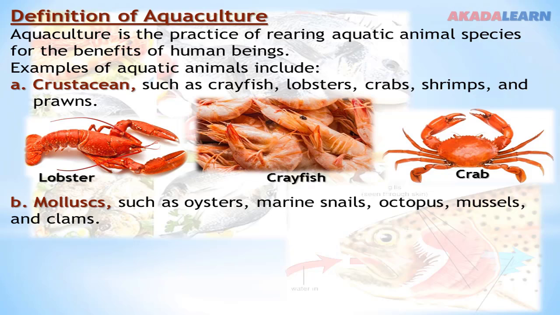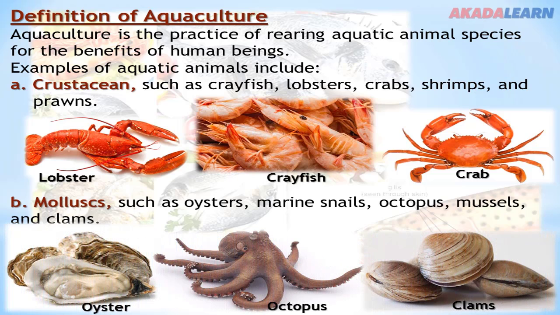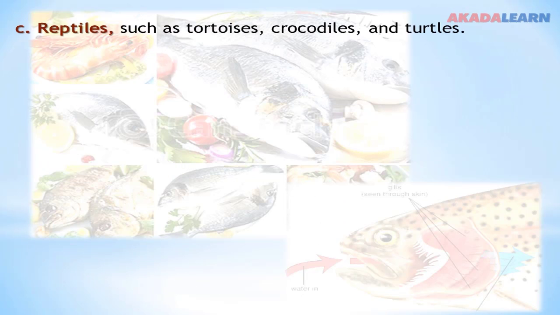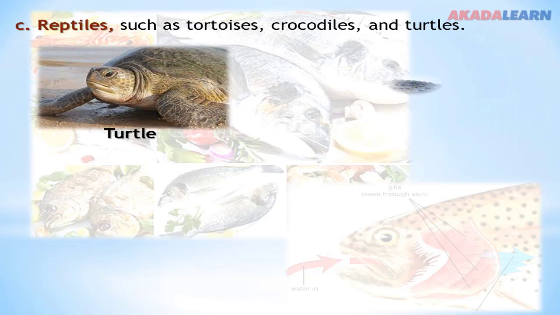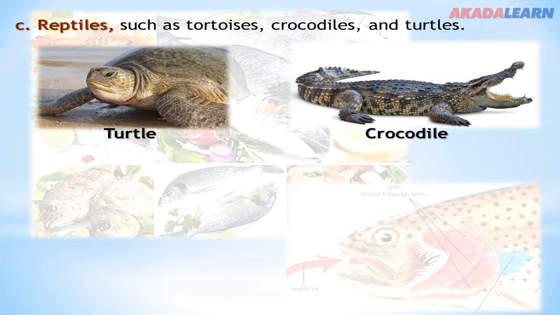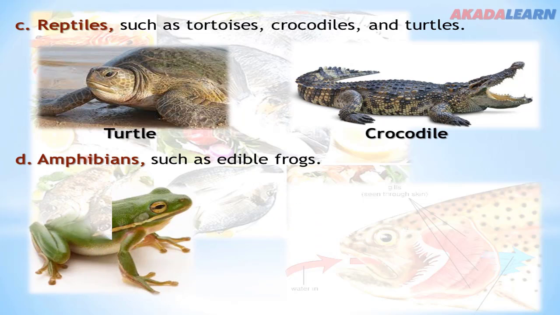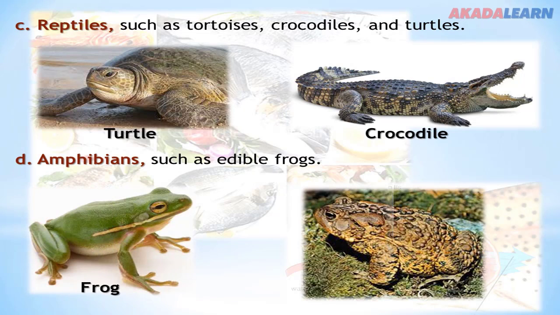The next one we have is mollusks such as oysters, marine snails, octopus, mussels and clams. The next one is reptiles such as tortoises, crocodiles and turtles. Then we have the amphibians such as edible frogs and toads.